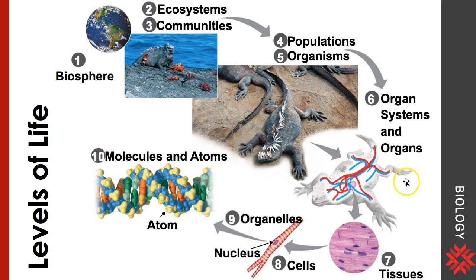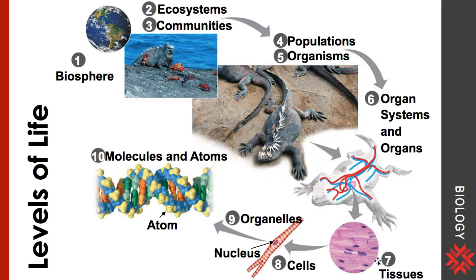Well, then those organs are just made up of tissues. Those tissues are interconnected cells that are all going to work together for a common function. So within animals, some examples of tissues are our connective tissues, our muscle tissues, nervous tissues, and our epithelial tissues. The example shown here is the muscle tissue in particular of the heart, so it's the cardiac muscle tissue.